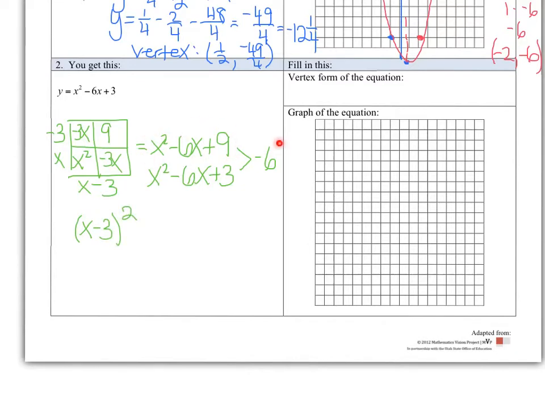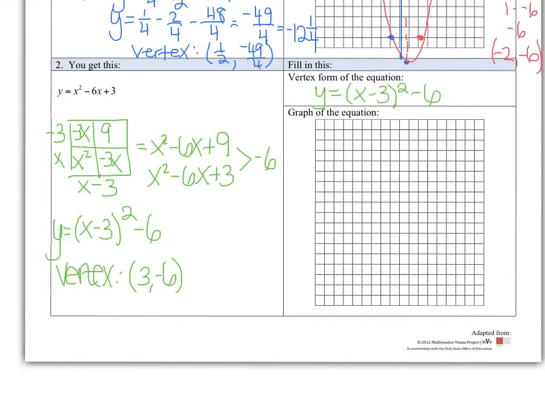But then we need to take away 6 to get it to equal what we started with. So we're going to subtract 6. So y equals x minus 3 squared minus 6. This means we have a vertex at 3, -6, and it opens up. So my vertex form is y equals x minus 3 squared minus 6.